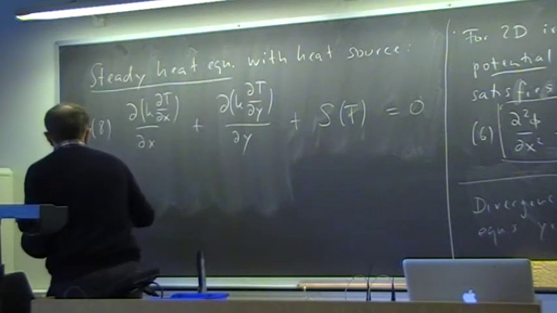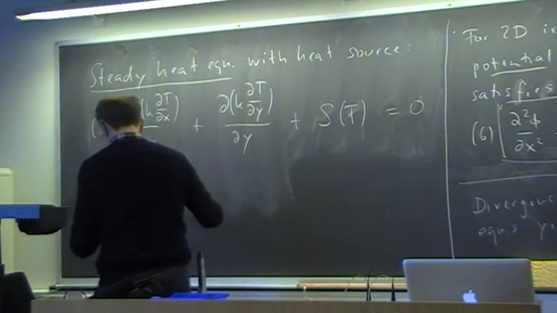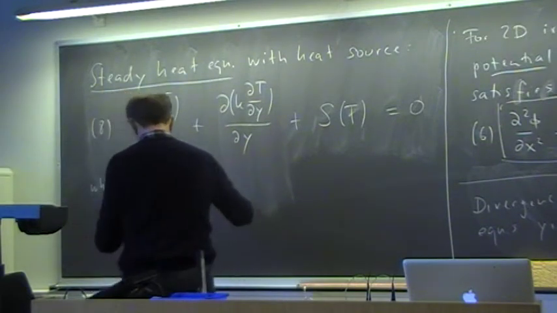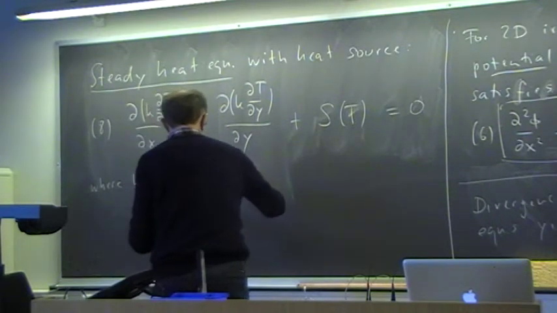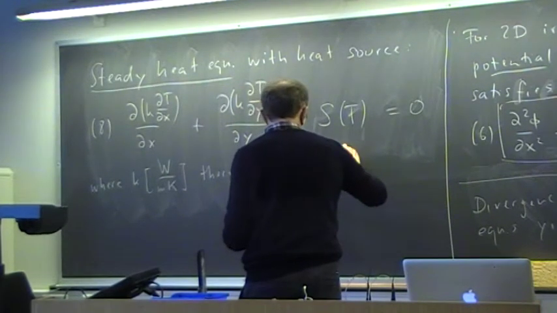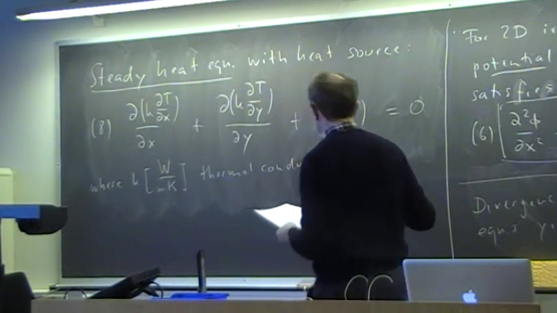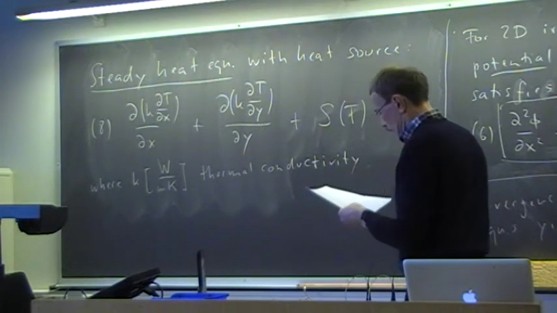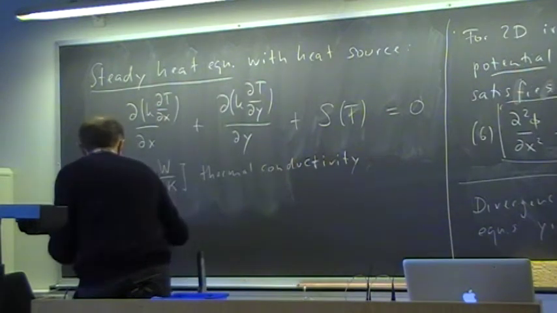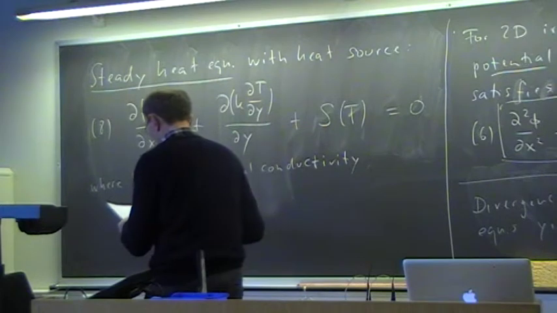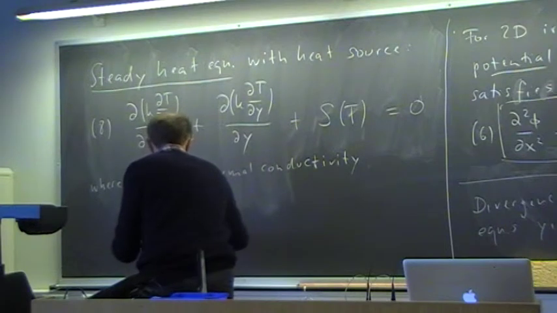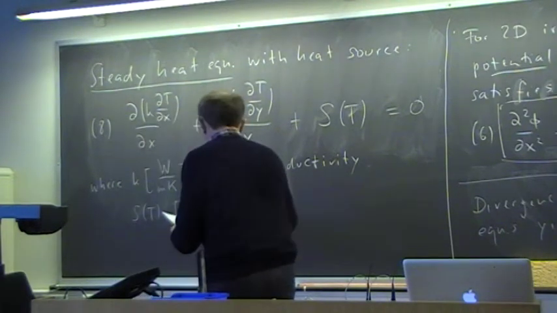So in here, the k, with units watt per meter Kelvin, is the thermal conductivity. And the S is the heat source. S(T), if we measure that in watt per cubic meter, is the heat source.